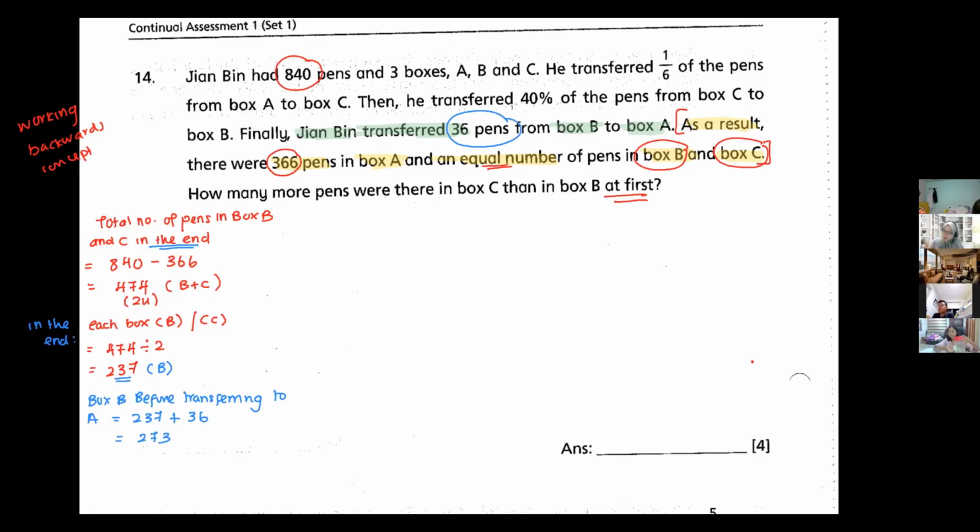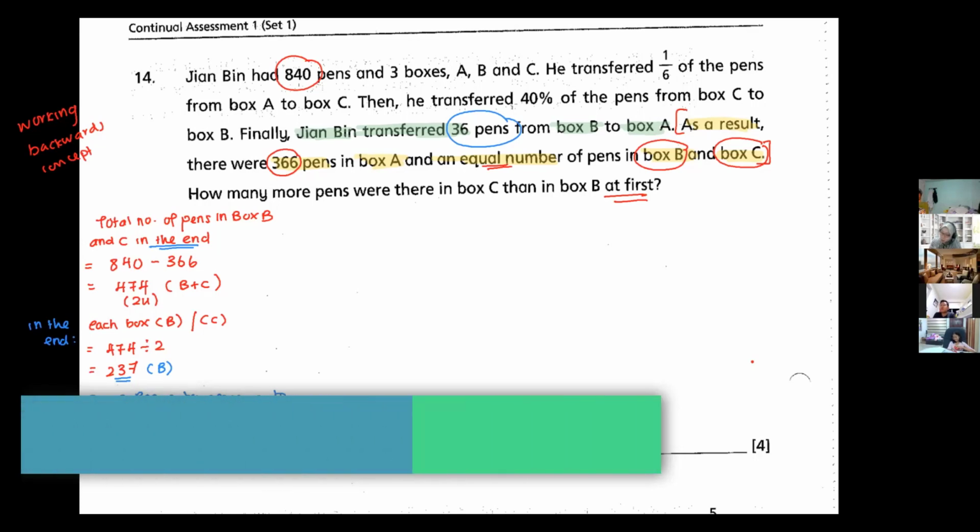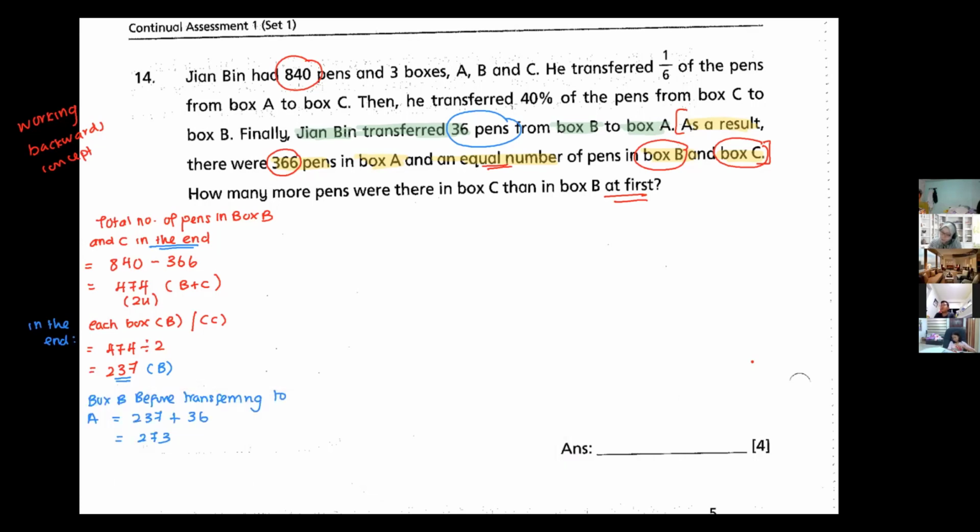This is what I have before I transfer 36 pens from B to A. So I'm okay with the green part. Now we're going to move on to the next line. "Then he transferred 40% of the pens from box C to box B." Now we're still working with box B, but now from C to B.